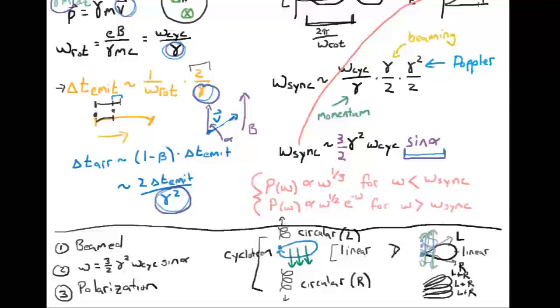And left-handed plus right-handed circular polarization is linear polarization. A linearly polarized signal is just a sum of a left circular polarized signal and a right circular polarized signal. So in fact, in an ensemble of a lot of electrons, synchrotron emission is really only linearly polarized. You really see no circular polarization. So the polarization is linear. And you'll see it oriented orthogonal to the direction of the magnetic field.